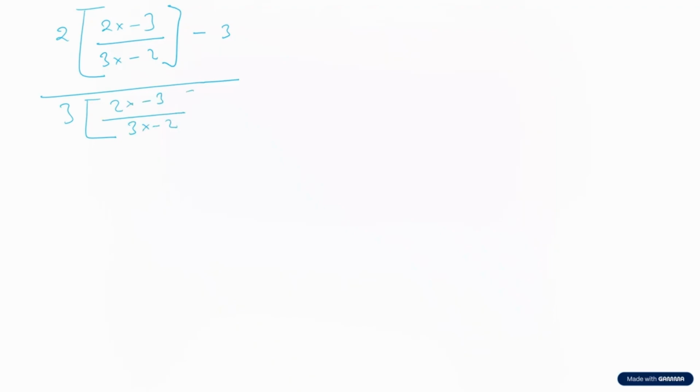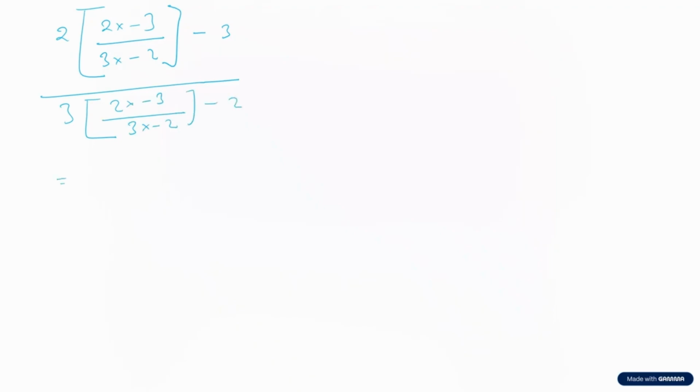So what we got is, let me write it again: 2 into (2x minus 3) divided by (3x minus 2), minus 3, divided by 3 into (2x minus 3) by (3x minus 2), minus 2.